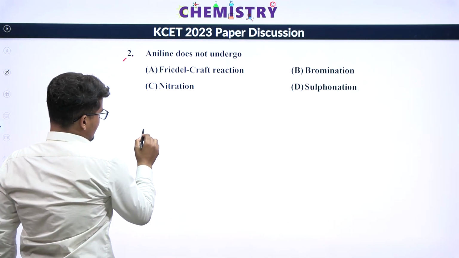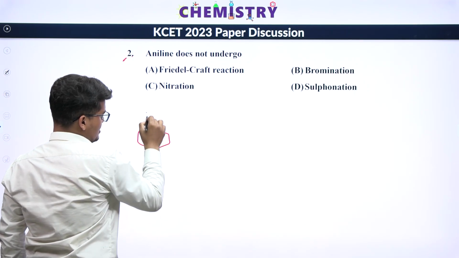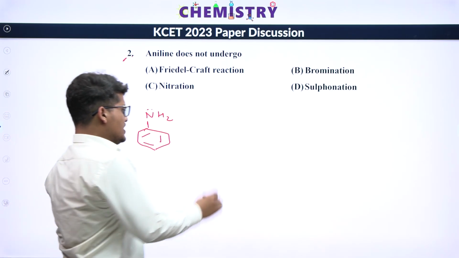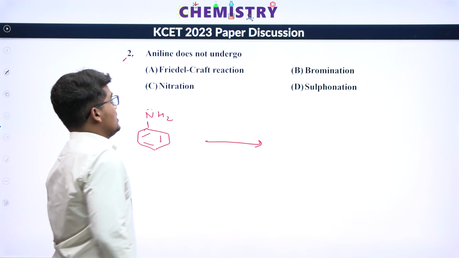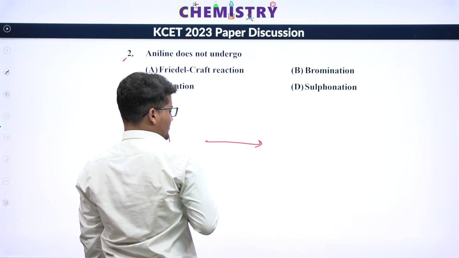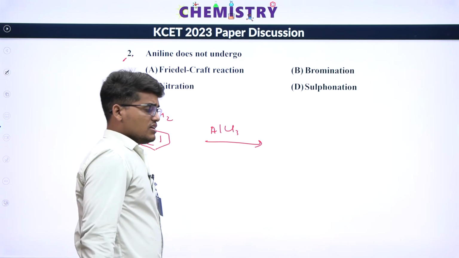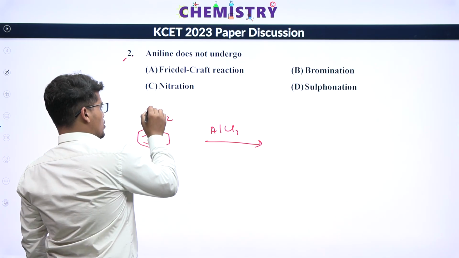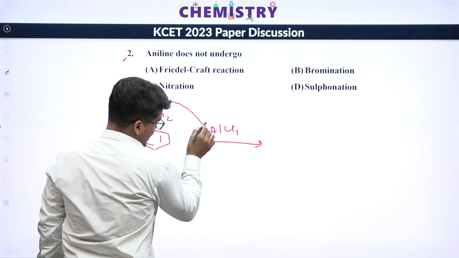See, we have aniline. You know aniline is like this. Correct? So you can see if we undergo Friedel-Crafts reactions, normally in the Friedel-Crafts reaction we have a Lewis acid like AlCl3. Correct? So you can see the lone pair of nitrogen will attack this AlCl3.